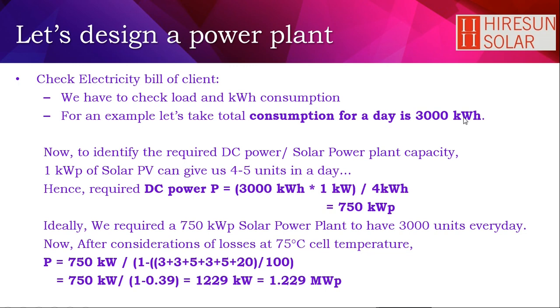So 3000 kilowatt hour is the consumption for a day. For 1 kilowatt we are considering 4 kilowatt hour, so divide by 4, that is 750 kilowatt peak. So ideally we require a 750 kilowatt peak solar power plant to have 3000 units generated every day.